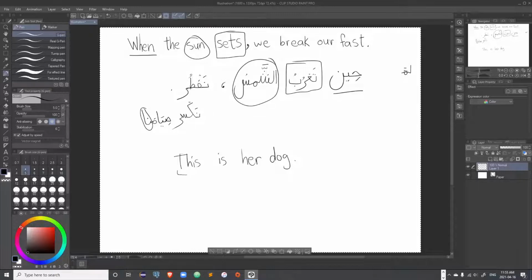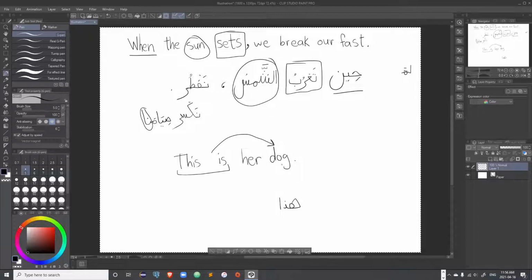This is هذا or هذه, depending on the gender of this noun here, because it refers to the dog.